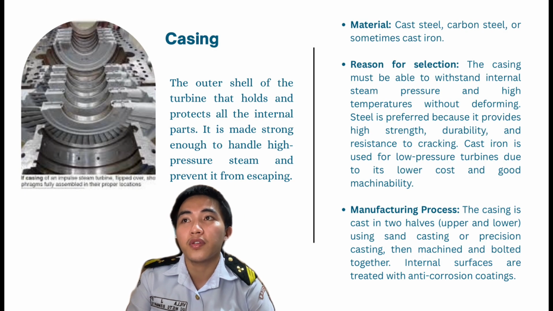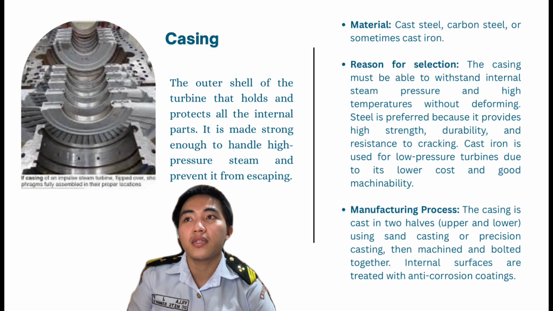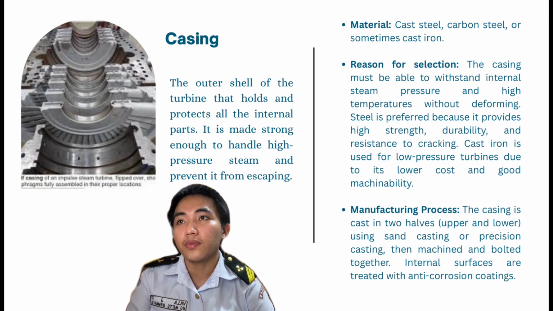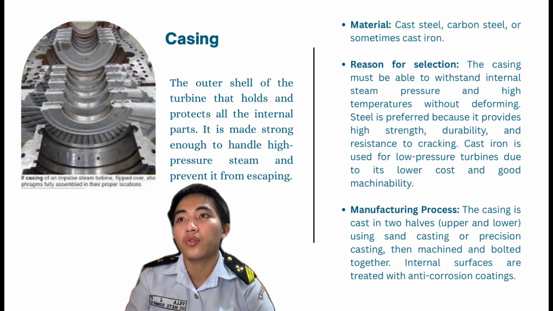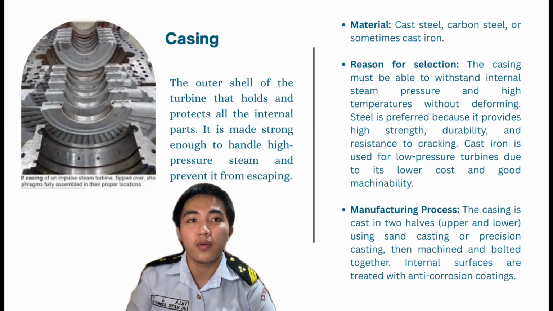Reason for selection: the casing must be able to withstand internal steam pressure and high temperature without deforming. Steel is preferred because it provides high strength, durability, and resistance to cracking. Cast iron is used for low pressure turbines due to its lower cost and good machinability.